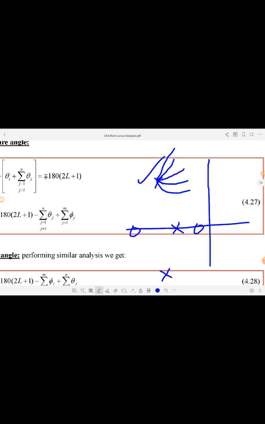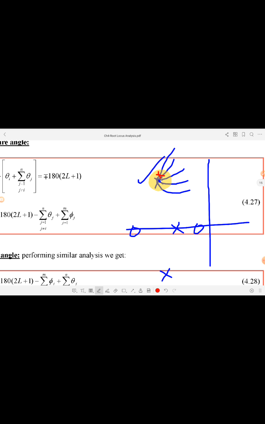In order to find this angle of departure, we assume a test point in the very close neighborhood of this concerned pole.